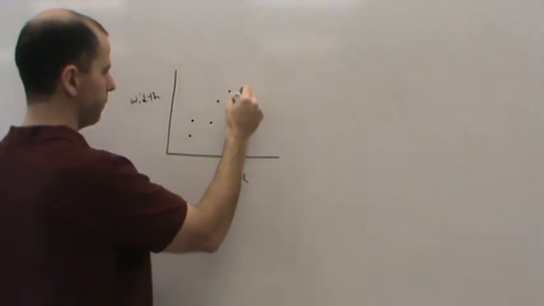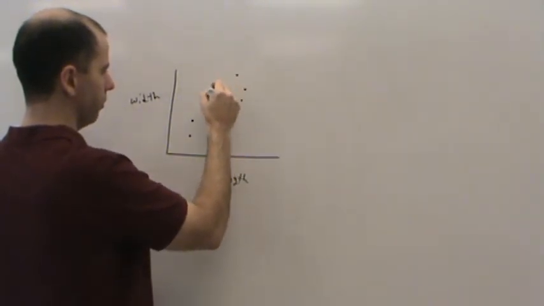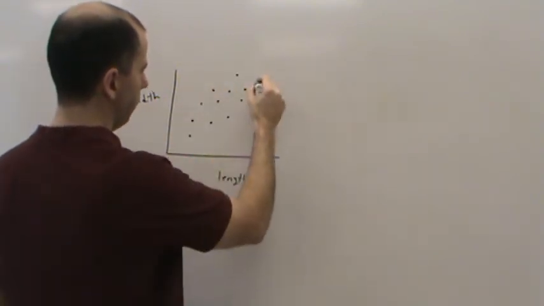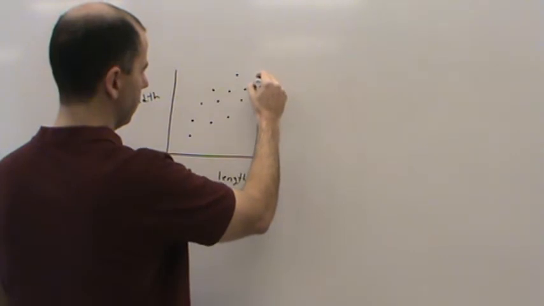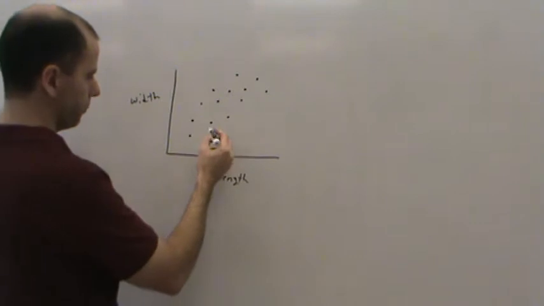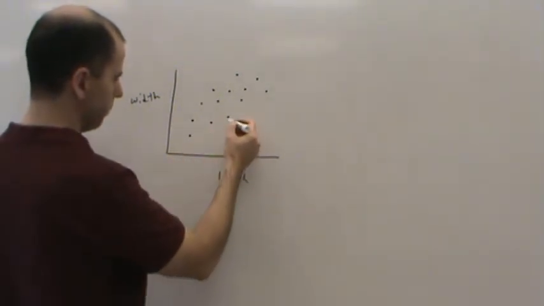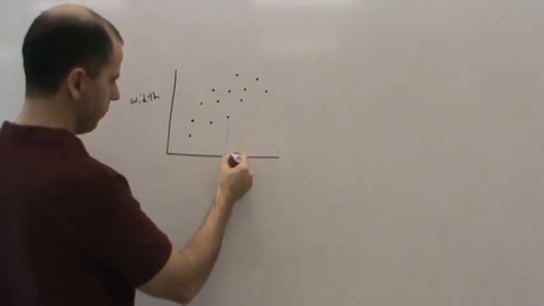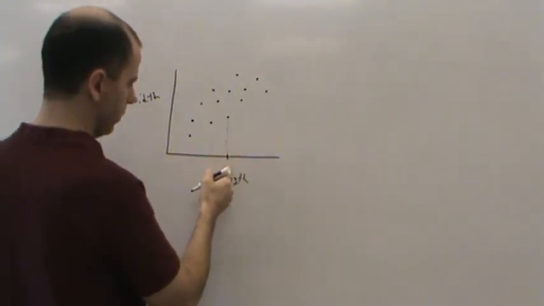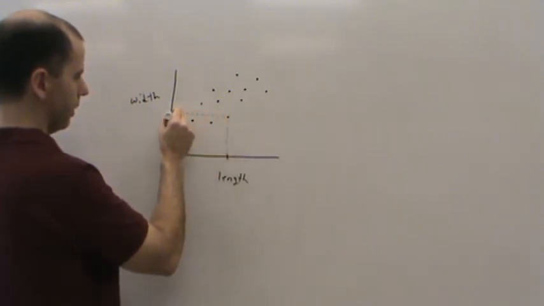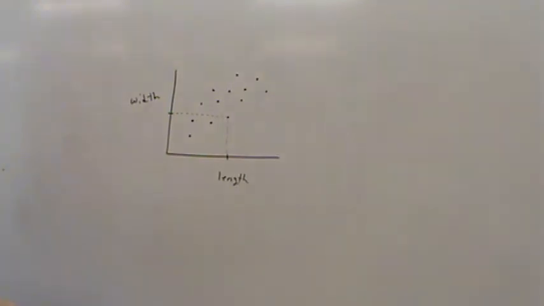And so as I plot my values, right, I might end up getting something that maybe looks something like this, where each leaf, right, so let's take this one here. So each dot represents a leaf that has a particular length and a particular width. So they're ordered pairs, right?